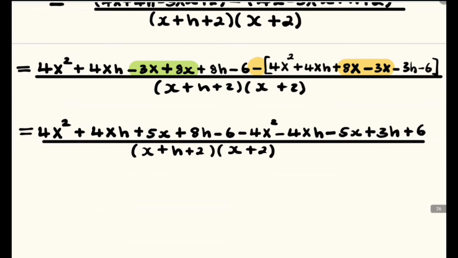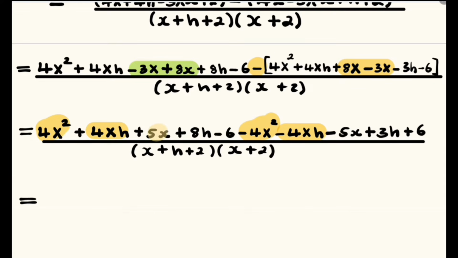And from here, we are going to cancel a few terms. That 4x squared will cancel out with that minus 4x squared, and the positive 4xh will cancel out with that negative 4xh.